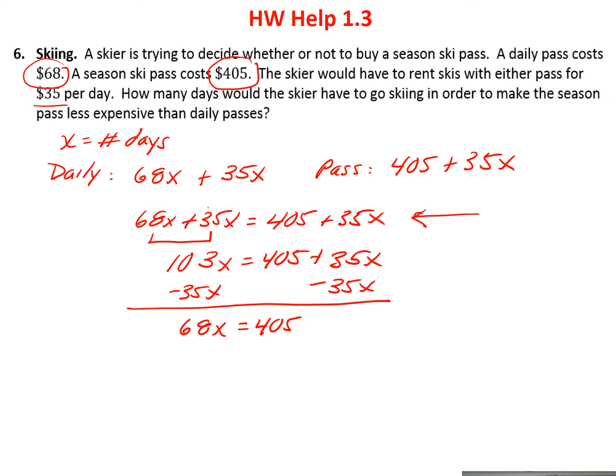So now to find the cutoff, we undo 68 times x. We're going to divide by 68. And that gives me, let me get out my calculator. And I end up with x is about 5.95588 days.